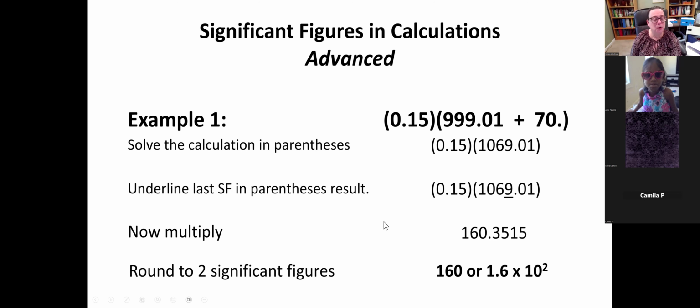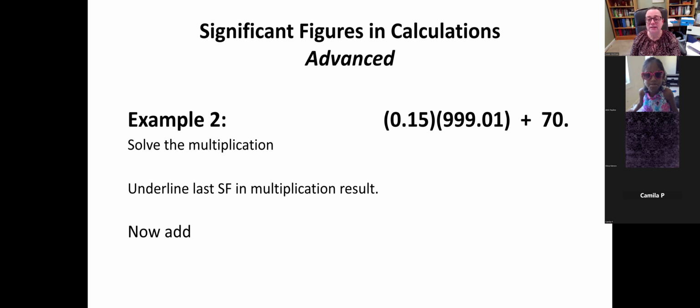All right, let's do one more. Same numbers, but we're going to do the math in a different order. So this time we're going to multiply first, right? That's our order of operations. We're going to do the multiplication first, and then the addition. So we're going to use the same strategy we used last time.